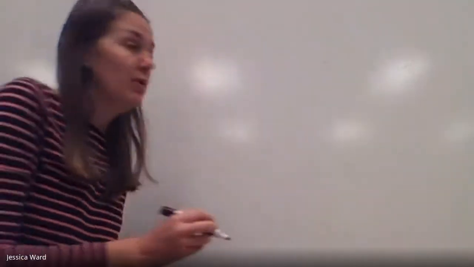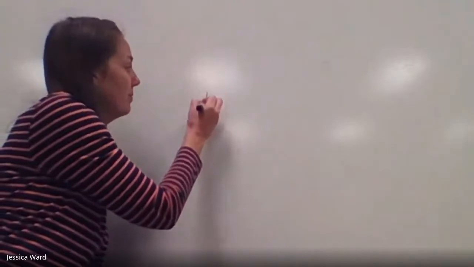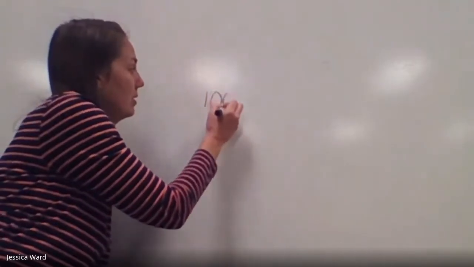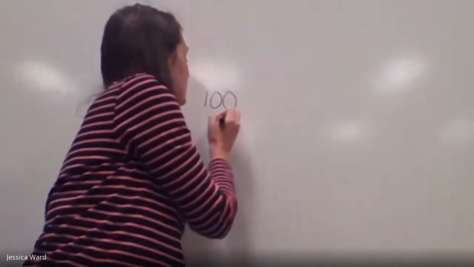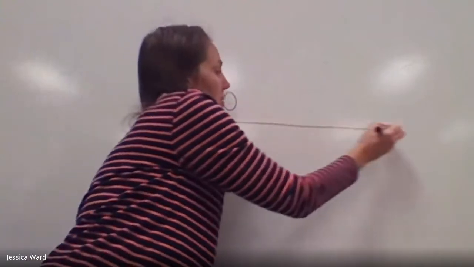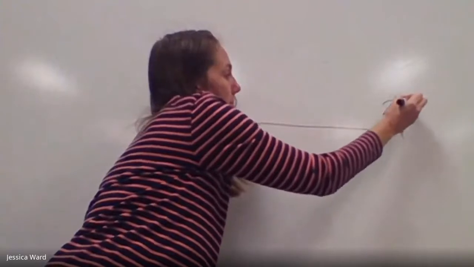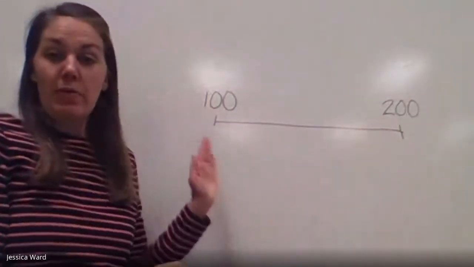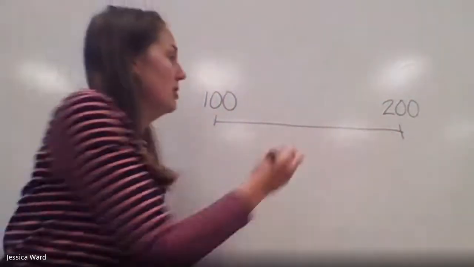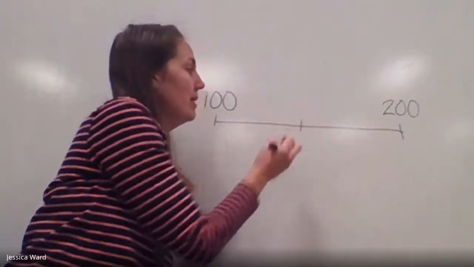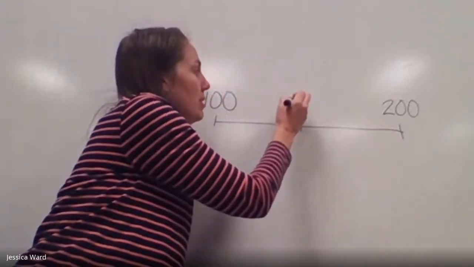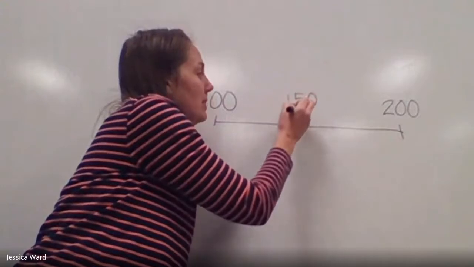So, for example, if I have 200 on my number line, ranging between 100 and 200, exactly halfway in between would be 150.